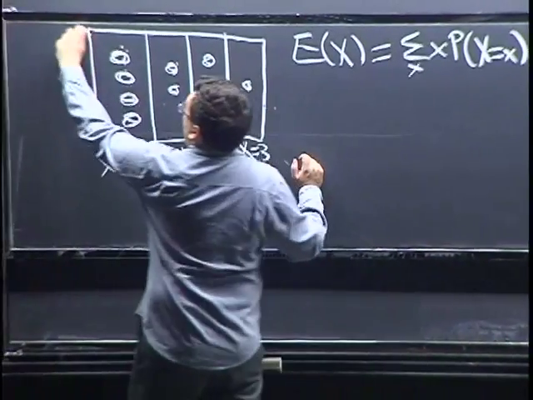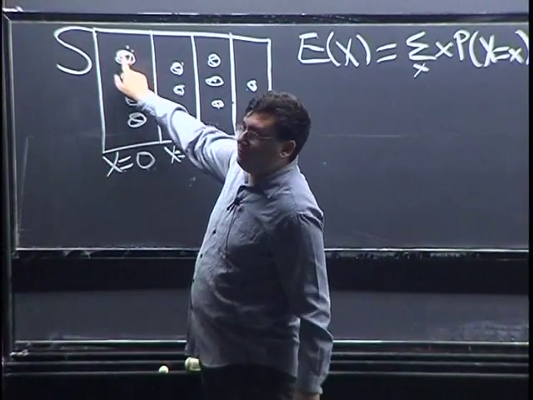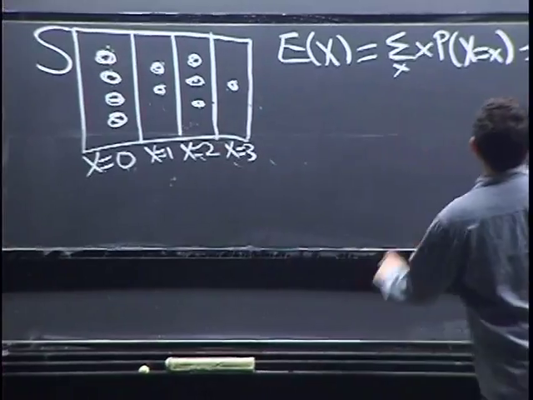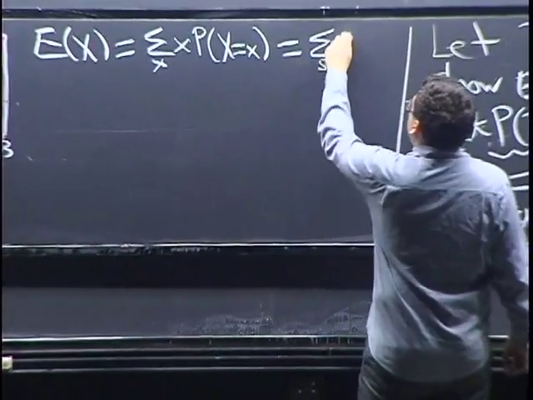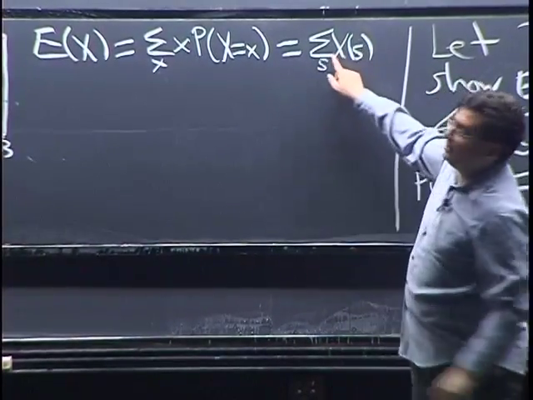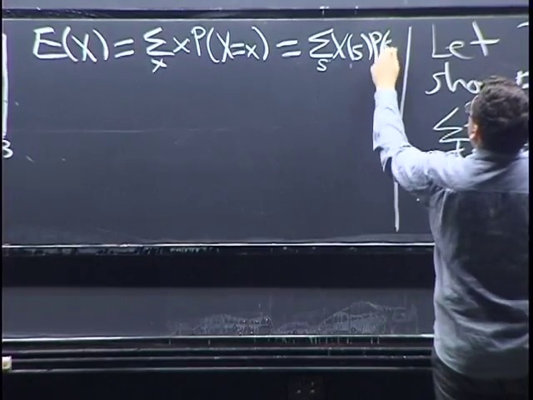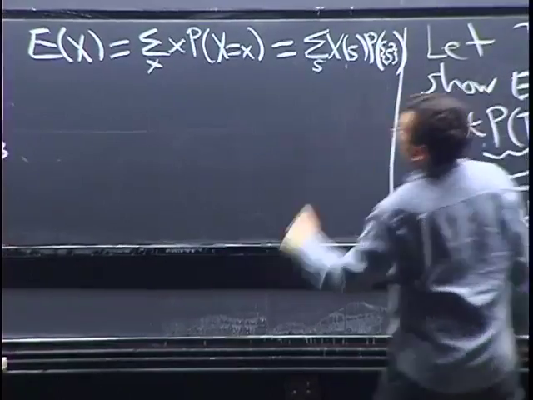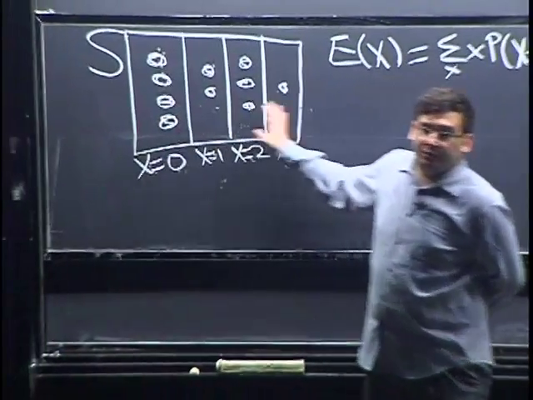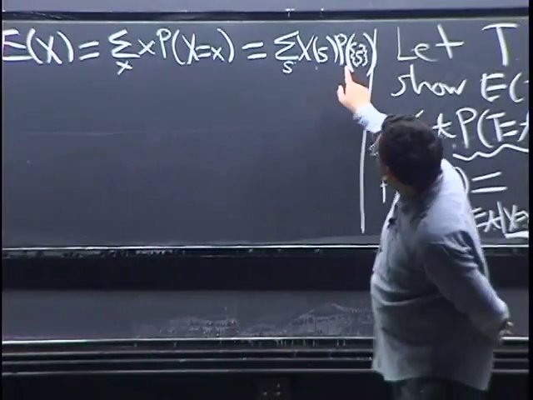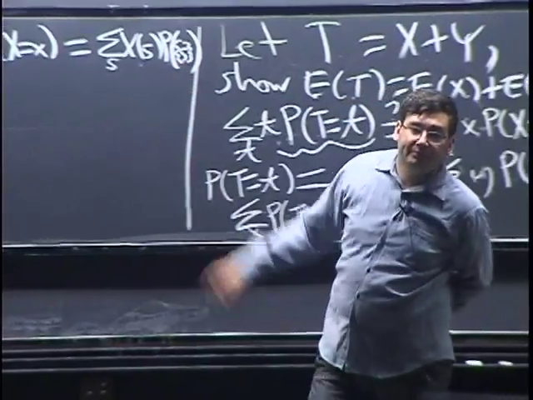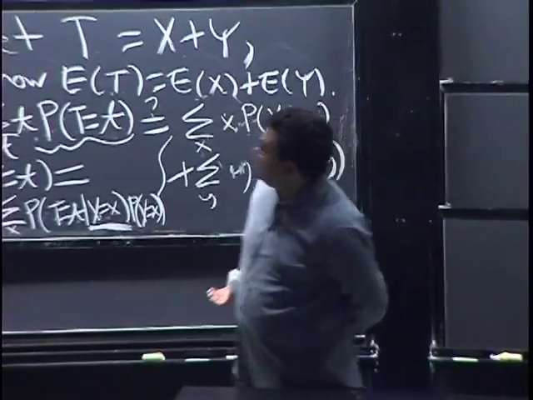So this is the space capital S, and I'm thinking of each individual pebble as a lowercase s. X of s, remember X is a function, so X of s makes sense, times the mass of the pebble, which we just write as P of s. Remember, we have these different pebbles whose total mass equals 1. P of s is the mass of pebble s. Okay? So notice this is the same thing.